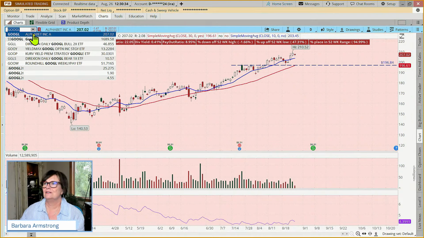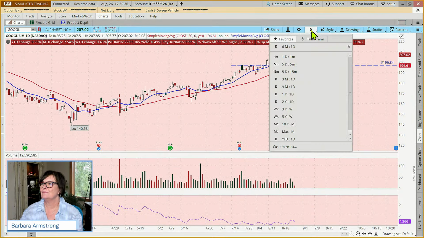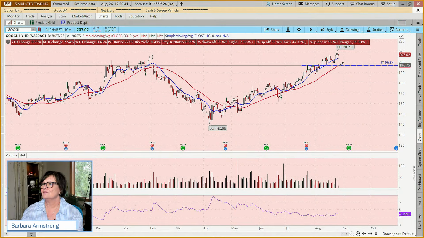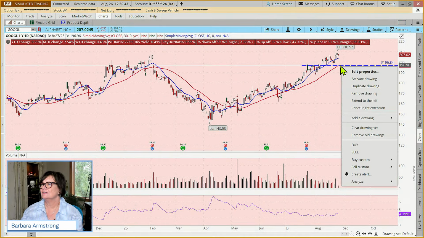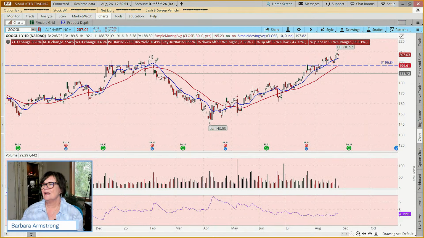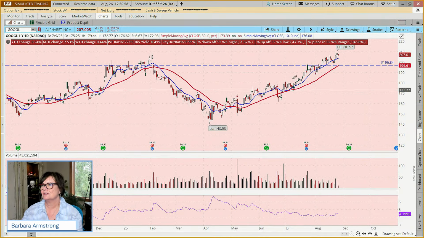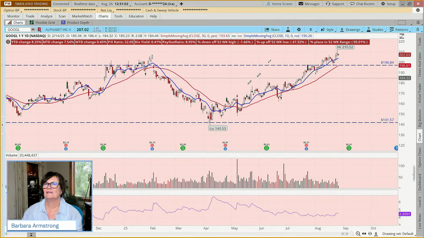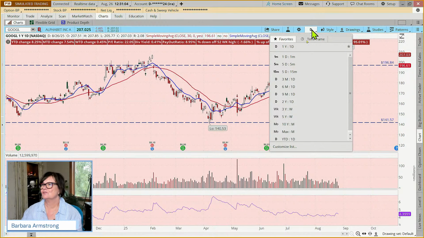Okay, so here's the Goog, and let's back it up. Okay, so let's extend this line. Extend to the left. So we have this big kind of bowl or V pattern here. It's really not an inverted head and shoulders. Although if we put a line down here, we'd have to come out to a 2-year chart almost.